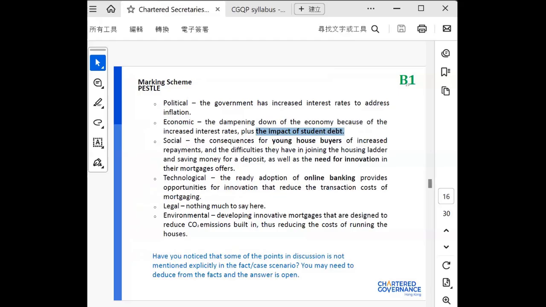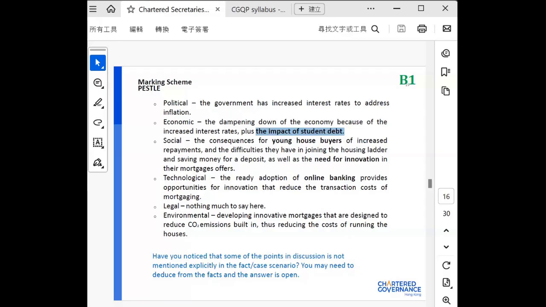So probably you have to deduce this to show your understanding of the environment, the economic environment. Because the company targets the young professionals, and they want to buy these buy-to-let flats, it's reasonable to infer that because they're young, I don't know how young they are, they may be affected by student debt.